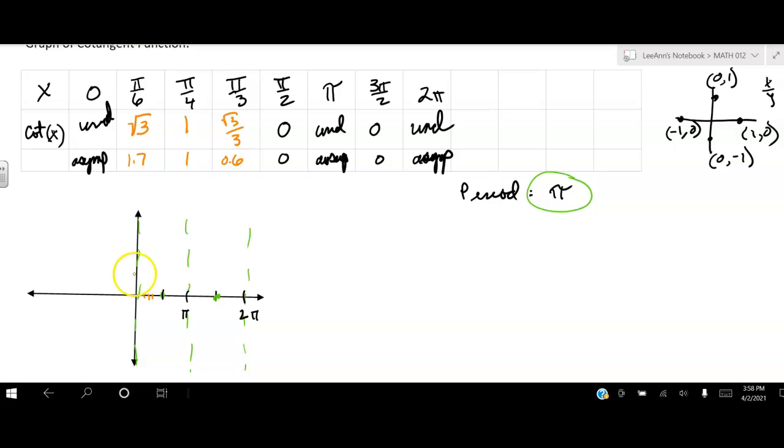So here's 1. Let's mark a 1 off. And negative 1. Okay, so square root of 3 is like 1.7. So up here. And then you're at 1. And then you're at 0.6.